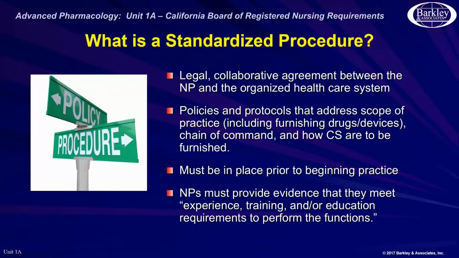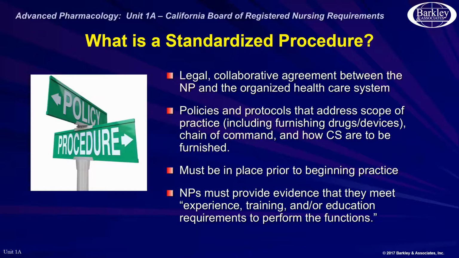Let's look now at the definition of a standardized procedure. What is a standardized procedure? Well, first, it's a legal collaborative agreement between the nurse practitioner and the organized healthcare system. It involves policies and protocols that address the scope of practice. And with respect to drugs, it really regards the furnishing of drugs and devices.